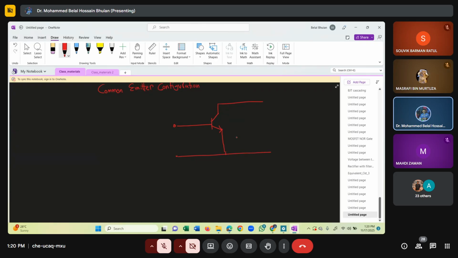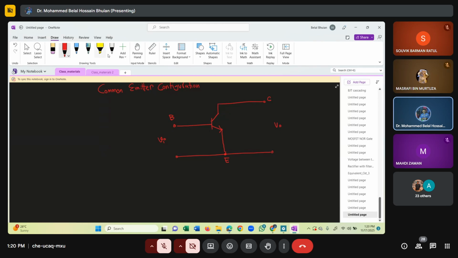So that is our base, emitter, collector. This is where the input Vi is, and this is where the output V0 is. You see, the emitter terminal is now common to both the input side and the output side. The base terminal is on the input side and the collector is on the output side. This configuration is the common emitter configuration.